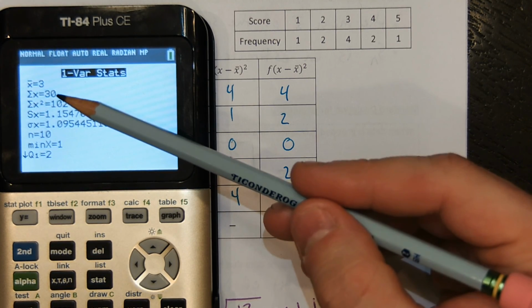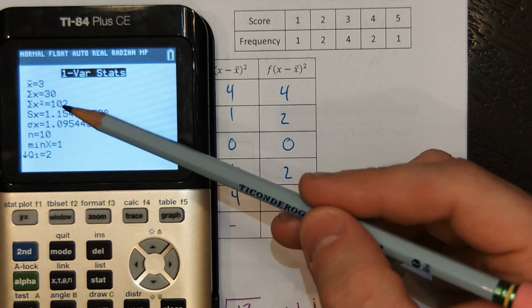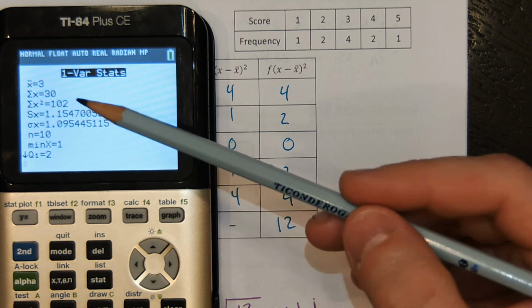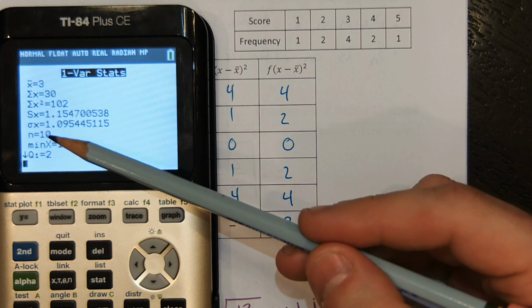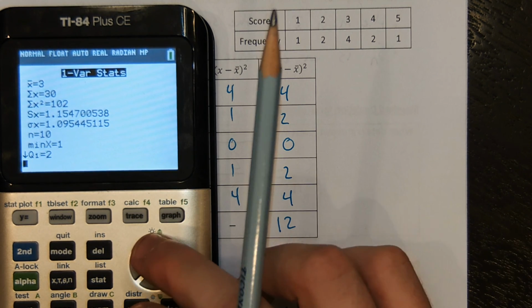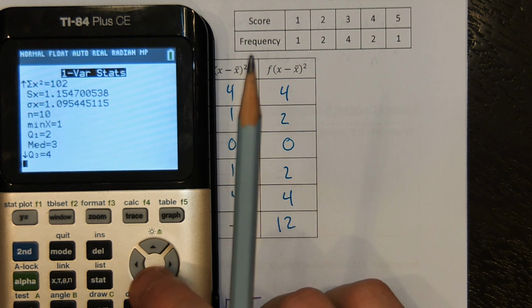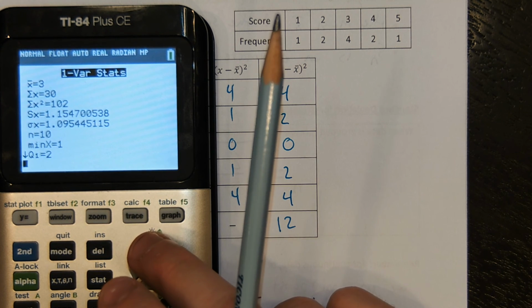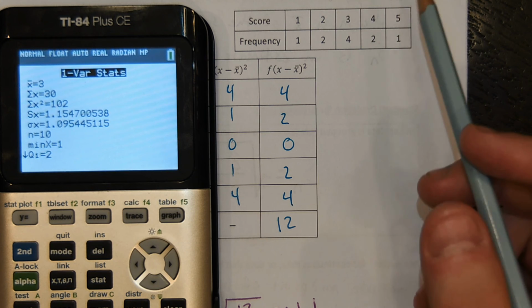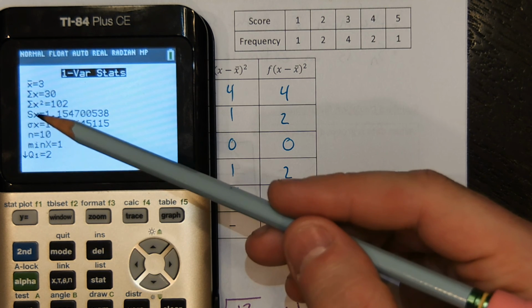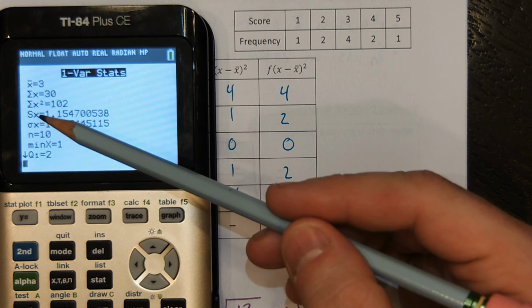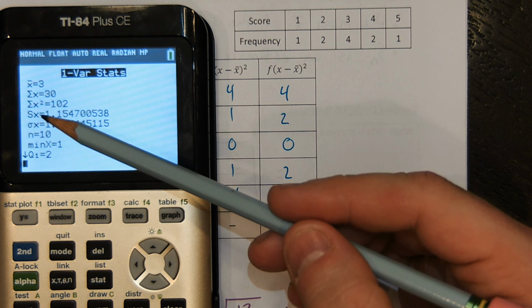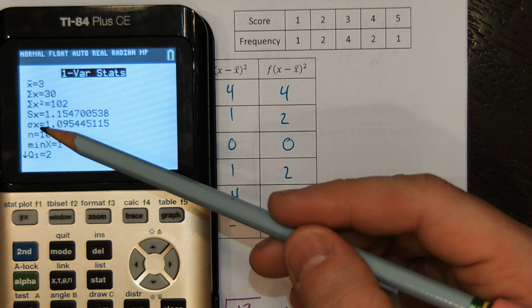It gave us sigma x. It gave us sigma x squared, which I don't even know what that's used for, I'm going to be real. It told you n was 10, the minimum was 1, Q2 the median, Q4 the maximum, all kinds of great stuff. But we were specifically looking for standard deviation, weren't we? Here's Sx, standard deviation of a sample, and here's sigma x, standard deviation of a population.